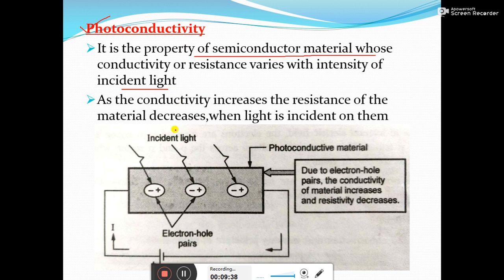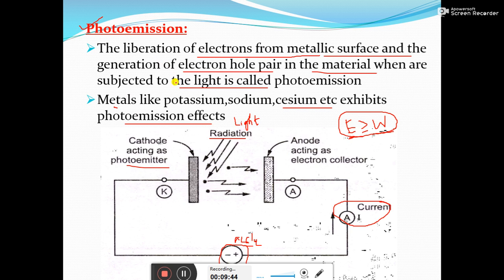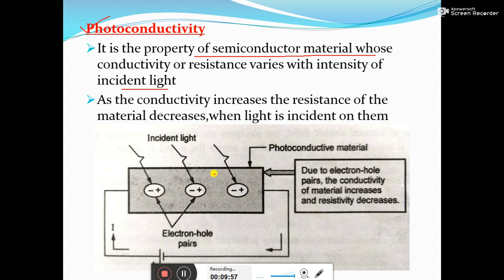In the previous case, that is in photoemission, depending upon the intensity of the light energy, the number of electrons liberated from the cathode surface varies. Here, depending upon the intensity of light, the conductivity of the semiconductor material is going to vary.